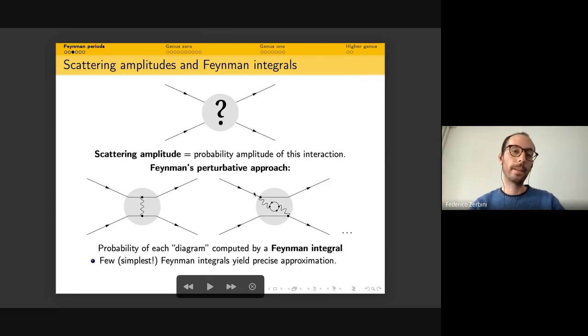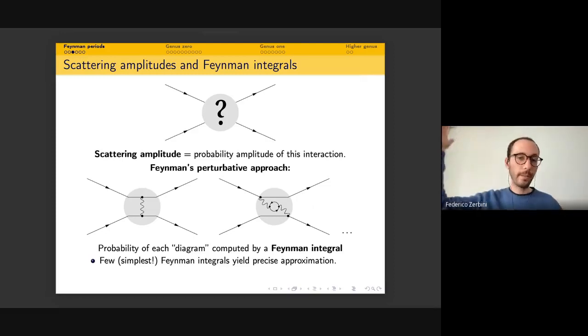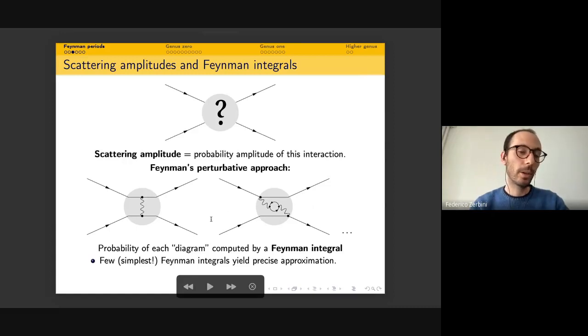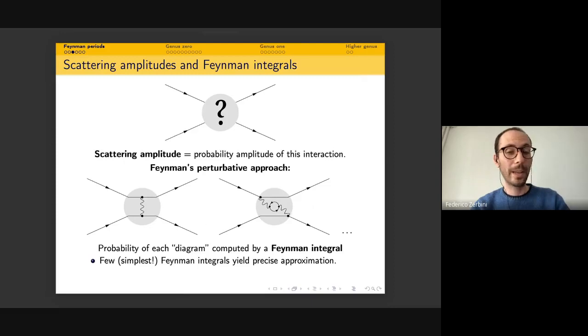The probability of each of these diagrams, so of each of these possible events, is computed by an integral, which is called the Feynman integral. And the idea is to compute a weighted average over all the infinite possibilities that you have. This is not very well defined mathematically, but it turns out it's incredibly effective from the computational viewpoint.